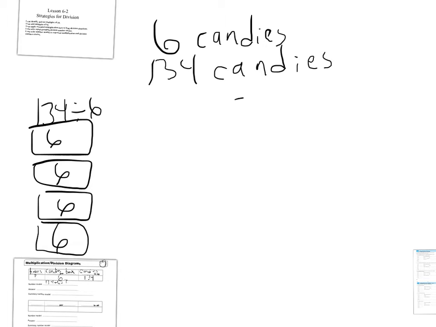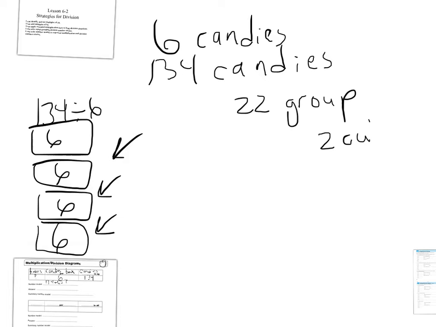You'll end up making 22 groups of 6, so 22 boxes will have 6 in them, and then there'll be 2 candies left over. That's one strategy. That gave you the answer of 134 divided by 6 equals 22 with a remainder of 2.